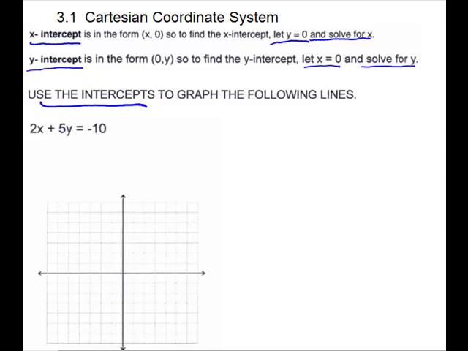One other thing to point out here, when we did point plotting, we picked 3 points. 2 points actually tell where a line goes. The third point is a checkpoint. When we do intercepts, because they have a built-in check of knowing where they're supposed to land on the x and y axis, you can get away with just 2 points.